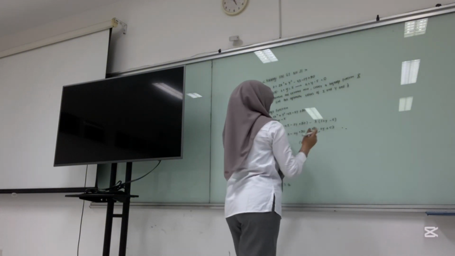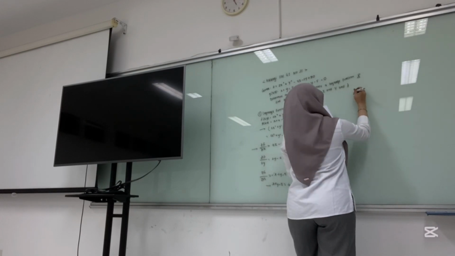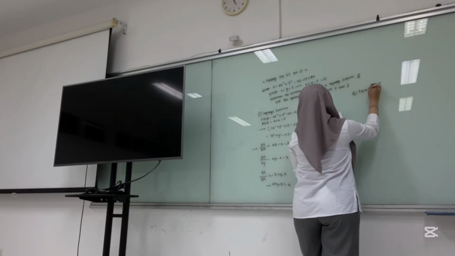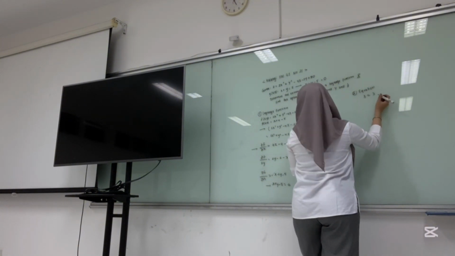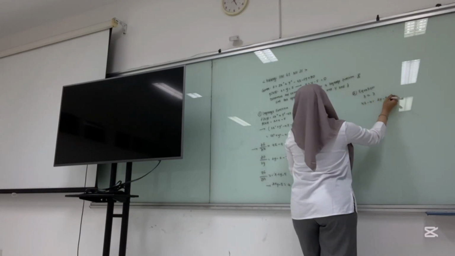And then we need to put it into an equation. So lambda equals lambda, and then 4x minus 4 equals 2y minus 2.